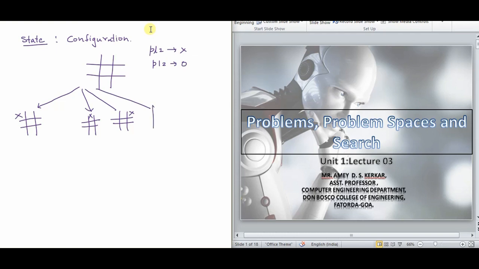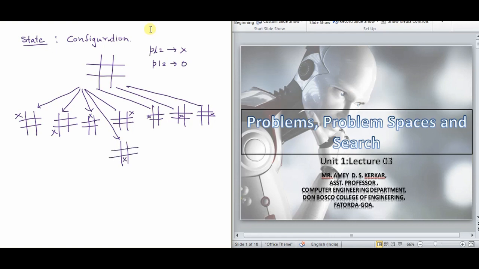Fourth option, fifth option, sixth option, and similarly the seventh option would be that the player can mark X here. Eighth option, I don't have space, I'll write here. Eighth option is the player marking X here, and ninth option is the one wherein the player marks X here.